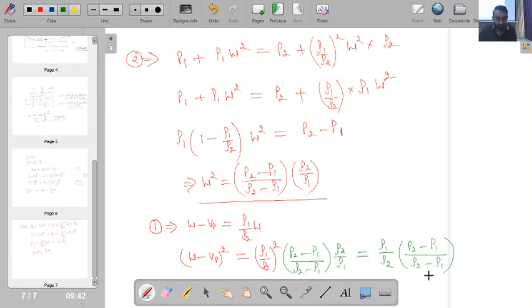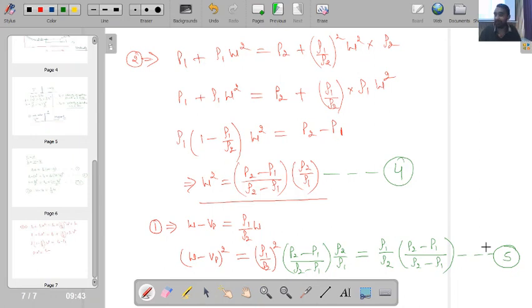Let me call this equation number 4, and this equation number 5. So I have derived relations for W square and W minus Vp square in terms of pressures and densities.